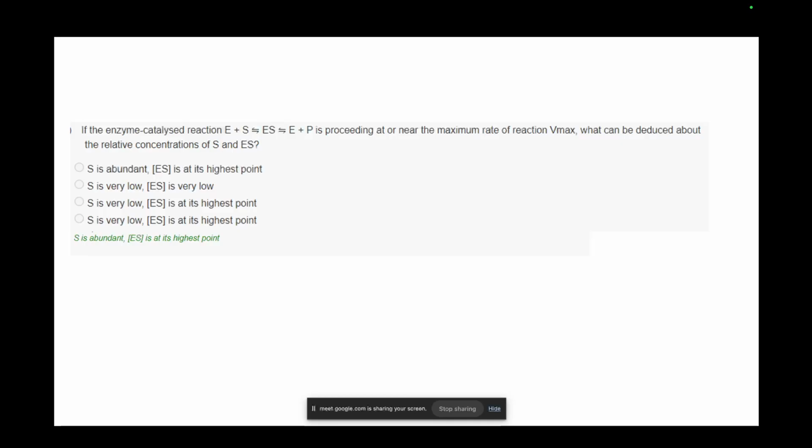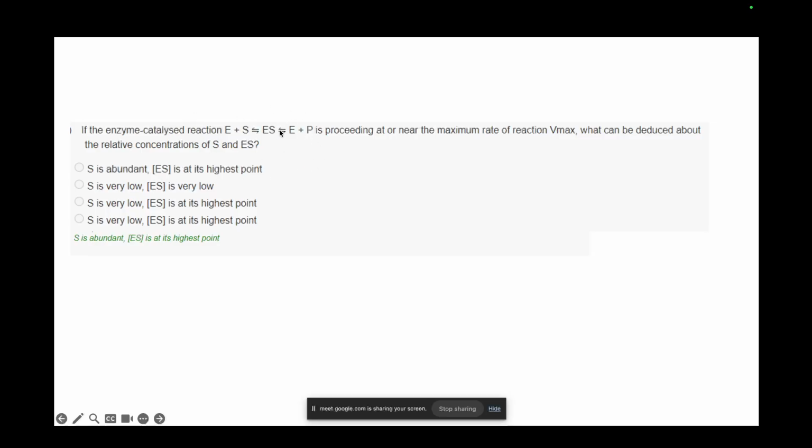So if your velocity of the reaction is at the highest, which is V max, what it means is there's a lot of substrates present because your direction of the reaction is going rightward because your product is forming. So you have a lot of substrates present, and your ES complex will be at the very highest point because all these are reversible reactions.